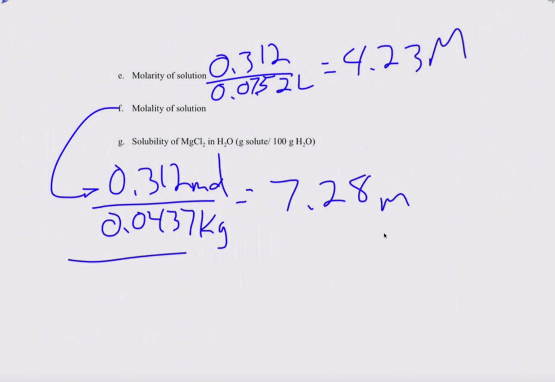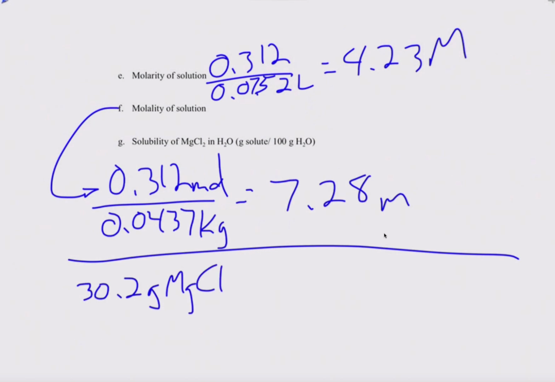And then the last question is, what is the solubility of magnesium chloride per 100 grams of H2O? This one we're going to do as a proportion. According to our first couple of calculations, we said that there were 30.2 grams of magnesium chloride dissolved in 43.7 grams of H2O.